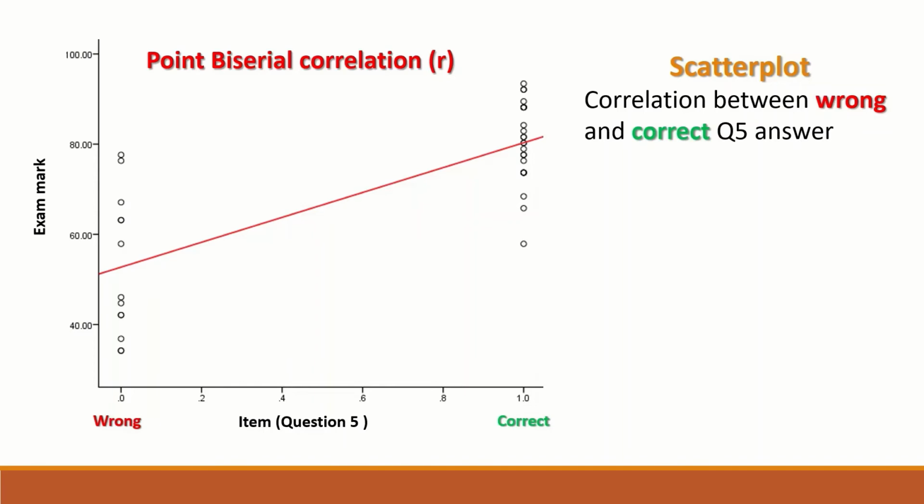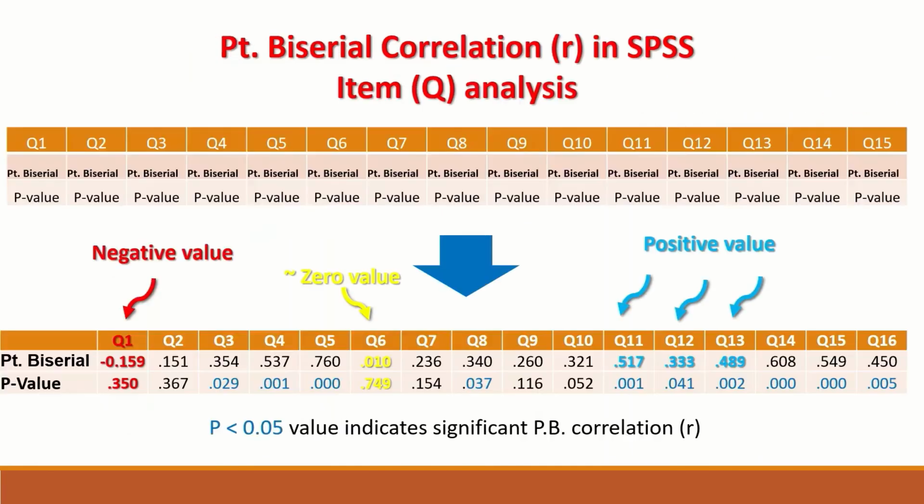So this question 5, from this scatter plot, can be considered as really a good question. It can discriminate between the high performing students and low performing students.